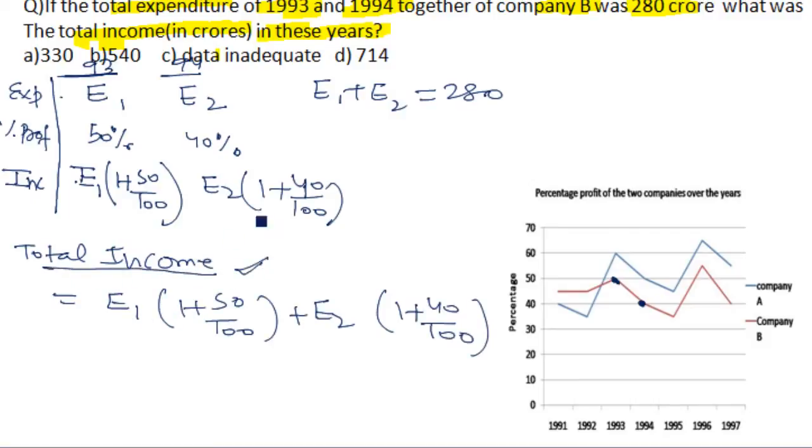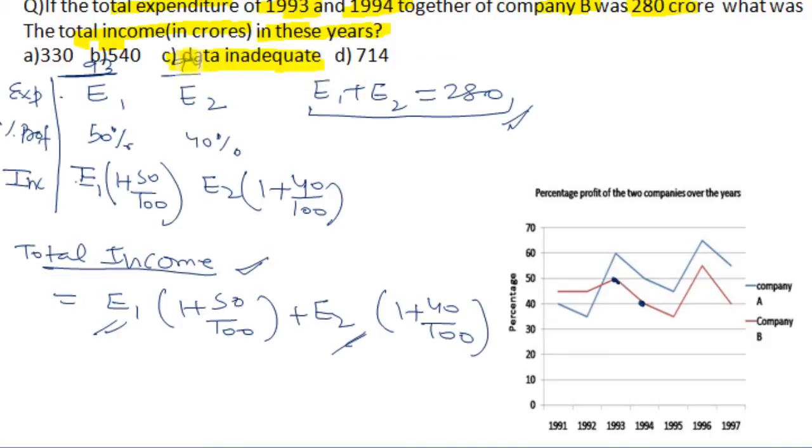Now as you can see, we are given E1 plus E2, but we don't know the values of E1 and E2 independently, so the exact total income cannot be evaluated, right? So here the answer would be data inadequate, right?